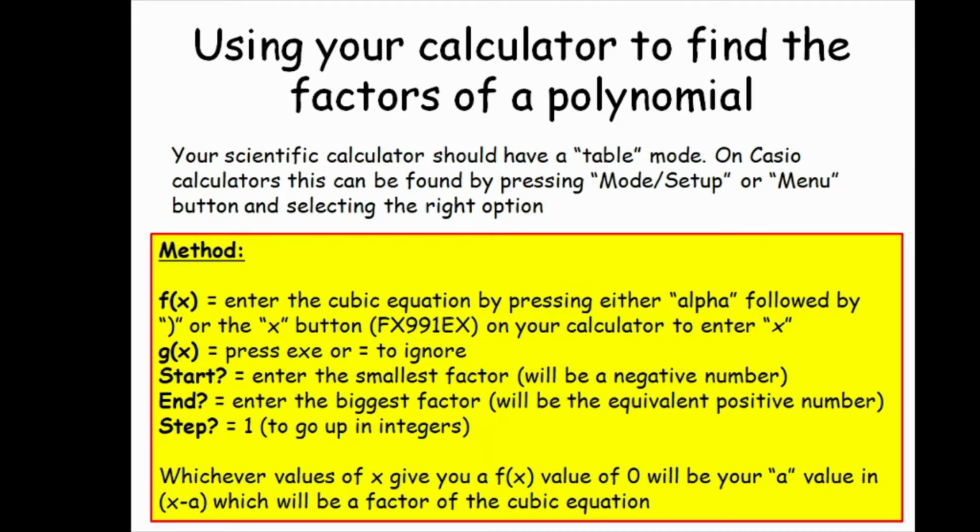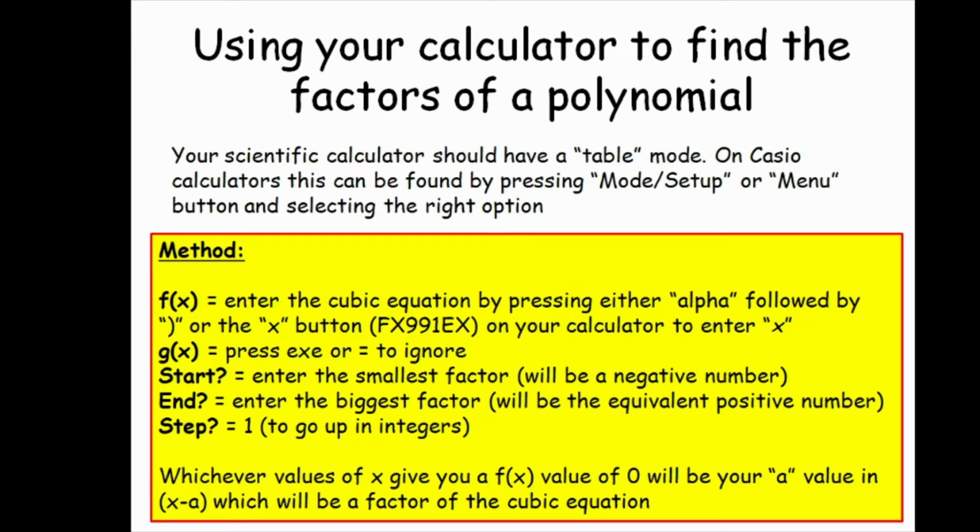Obviously, different calculators have different options, but they should have a letter X on there for you to enter the variable X. If you've got the FX991EX calculator, there's a designated X button just underneath your on button. So once you've entered your polynomial, you then press equals or execute, depending on what calculator you've got.